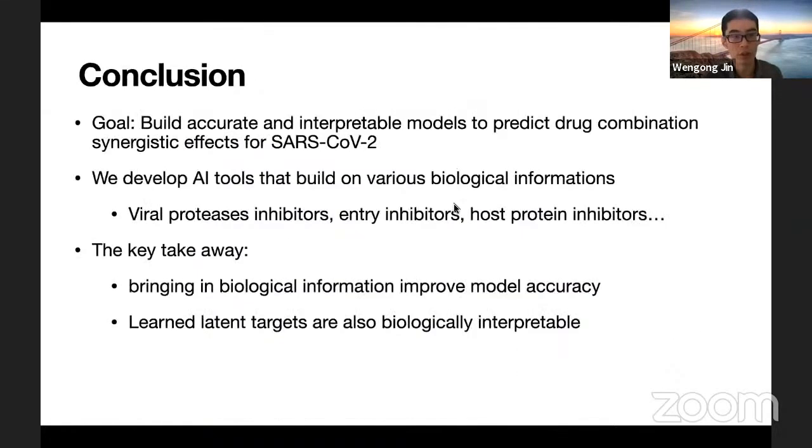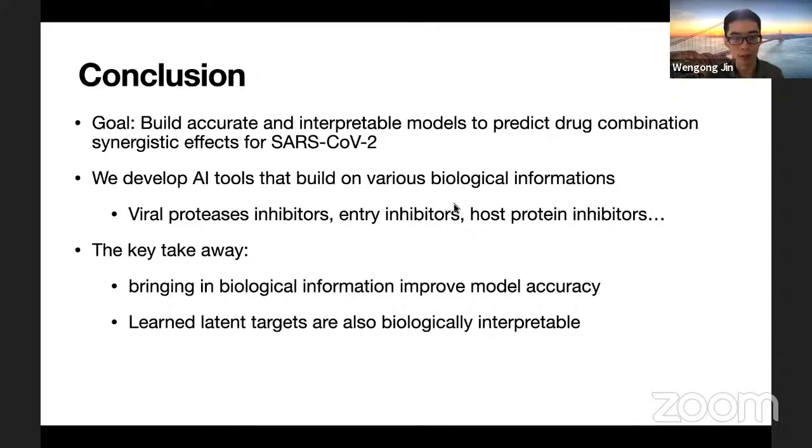So just to conclude, I presented a model for predicting drug combination synergy in the case of SARS-CoV-2. The same methodology can be applied to cancer as well, as we are collaborating with UNC on the pancreatic cancer drug combination, where you can adopt the same methodology.